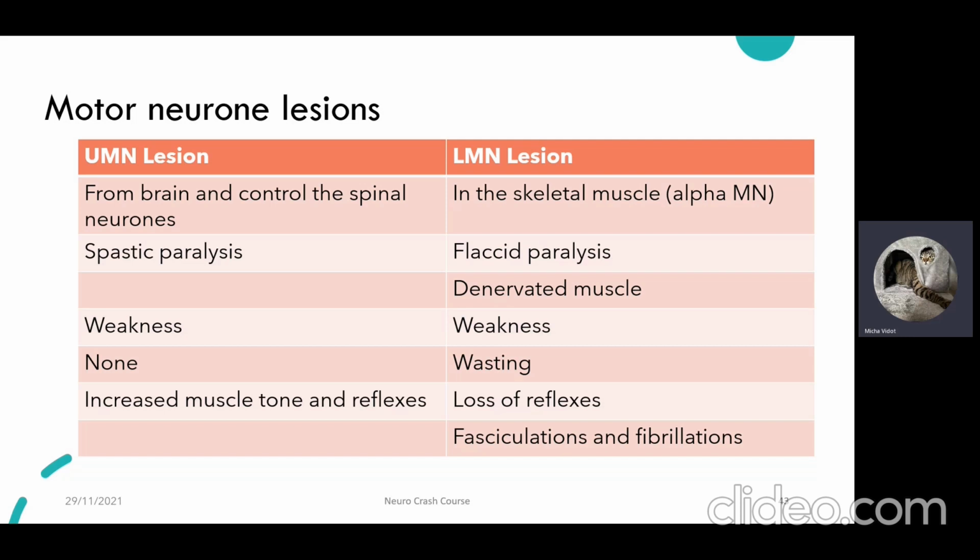So after what we just spoke about, our brain is unable to activate those inhibitory interneurons to stop the alpha motor neuron pool from working. What you'll notice is that there is no muscle wasting, and this is because the spinal nerves, those alpha and gamma motor neurons, are still intact. So at rest, as I mentioned right at the beginning, your muscles are never truly at rest.